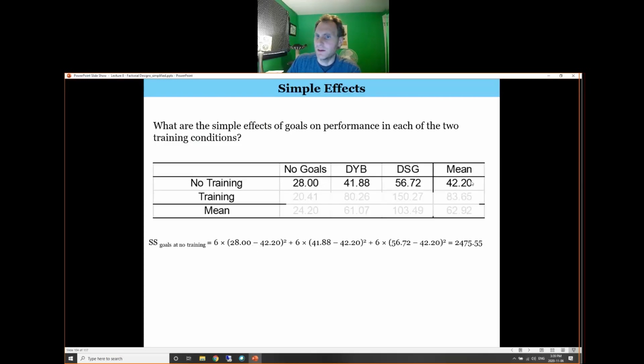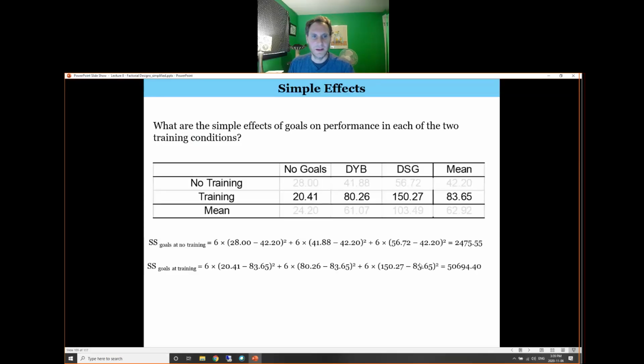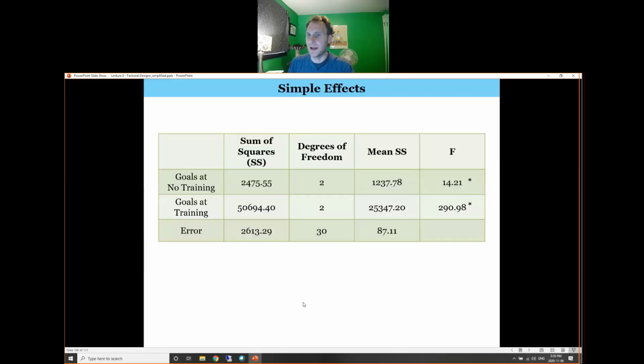The cell mean minus the marginal mean squared times the number of people in the cell, and I do that for all 3 cells. And I can do that for the no training condition and the training condition. Pop them into my source table and see that I have significant effects.